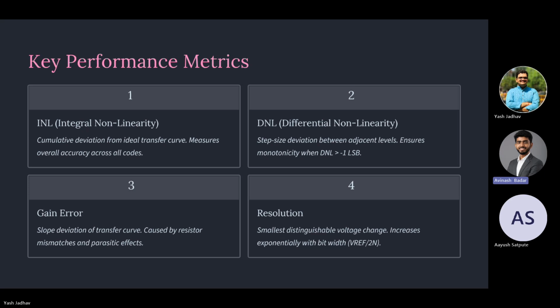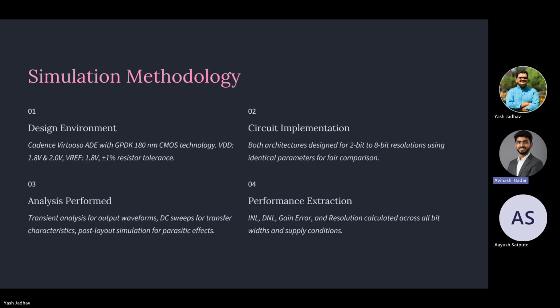Gain error represents the deviation in slope between the actual and ideal transfer curve, often caused by resistor mismatch and parasitics. Finally, resolution defines the smallest distinguishable voltage step. It increases exponentially with bit width, following roughly Vref divided by 2^n. Using these parameters, we compared both DACs and identified that the R-string achieves better linearity while the R2R offers greater area and power efficiency.